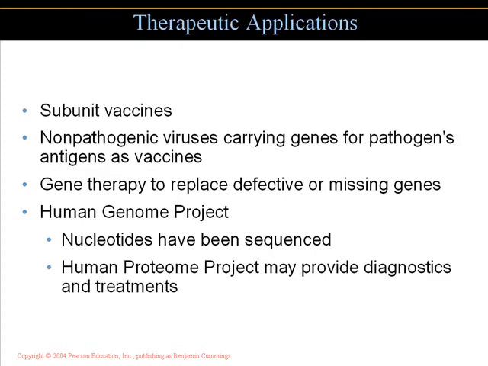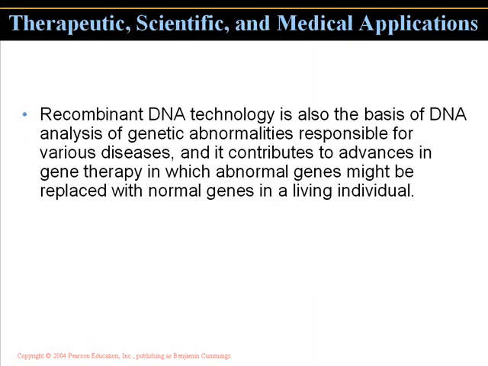And then therapeutic applications: subunits of vaccines, non-pathogenic viruses carrying genes for pathogen antigens as vaccines, gene therapy to replace defective or missing genes. The Human Genome Project was a big project that was undertaken by a number of different countries many years ago to be able to identify the nucleotide sequences for the human system.